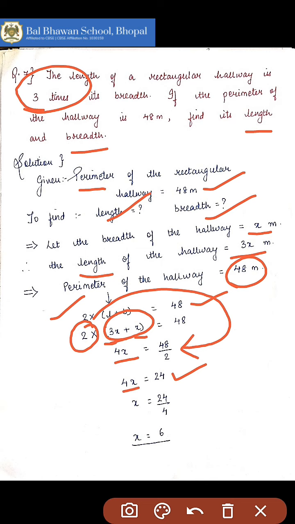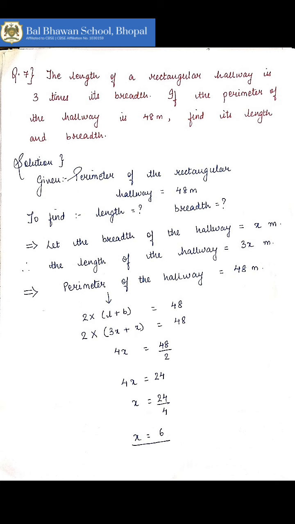Since 4x is 24 and we need to find out x, so what will we do? This 4 will go on the right hand side and get divided by 24. So you will get 24 divided by 4 is equal to 6. That means the value of the breadth is 6 meters.